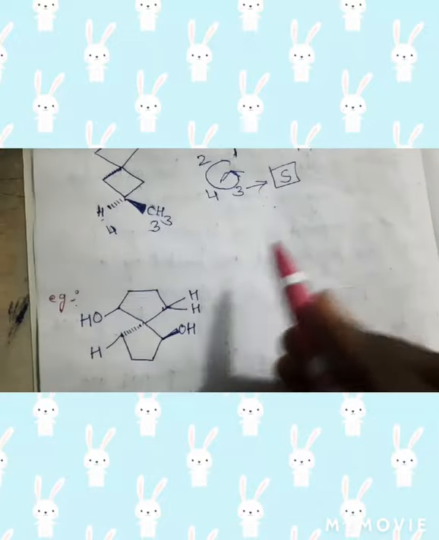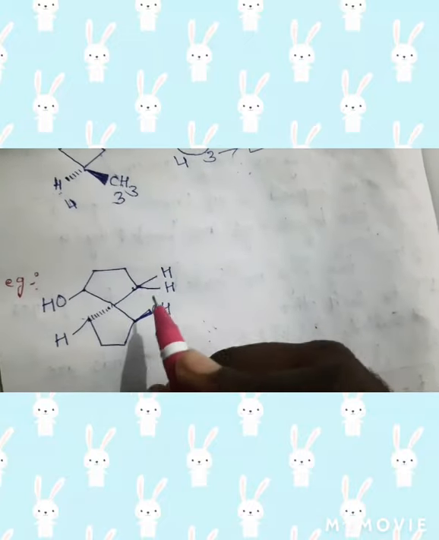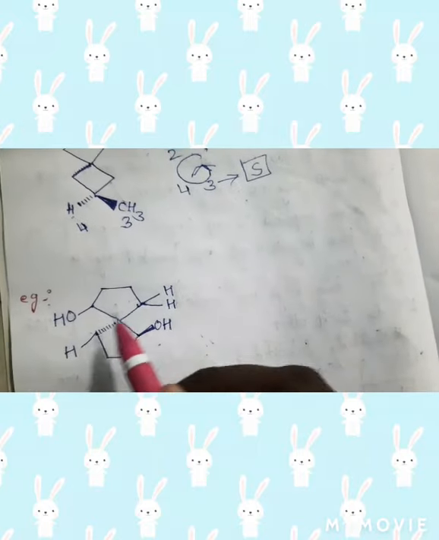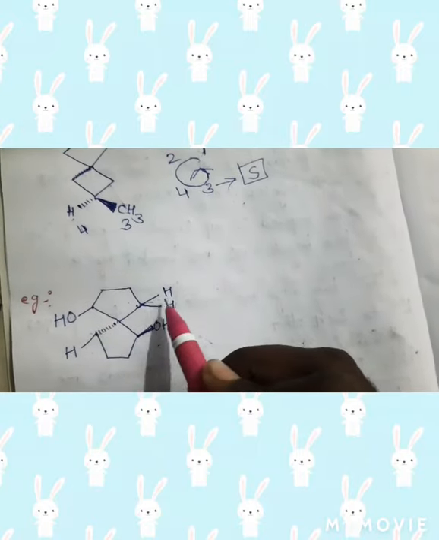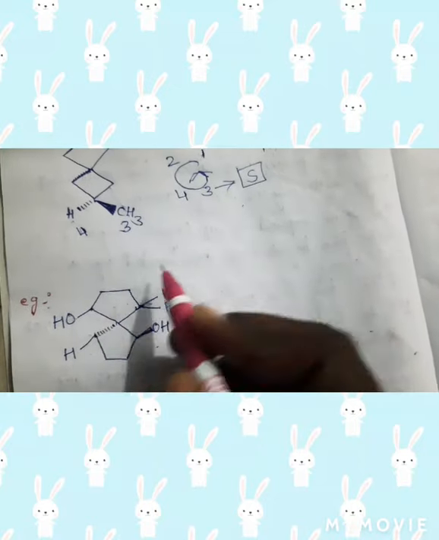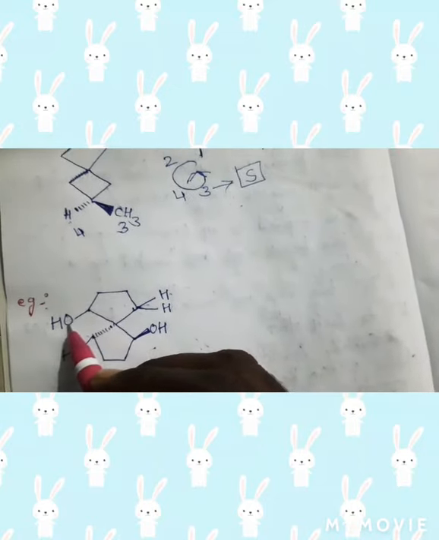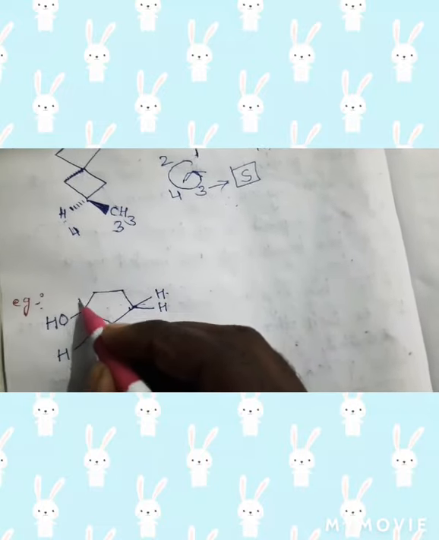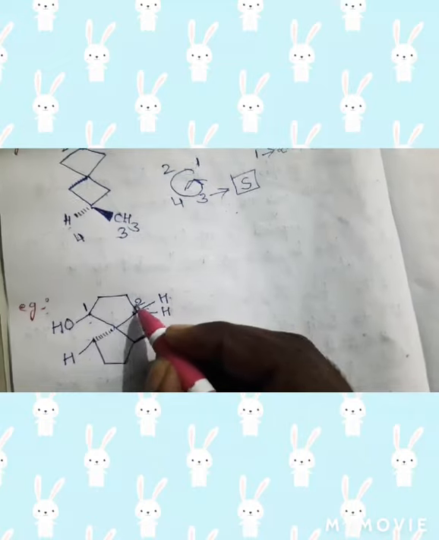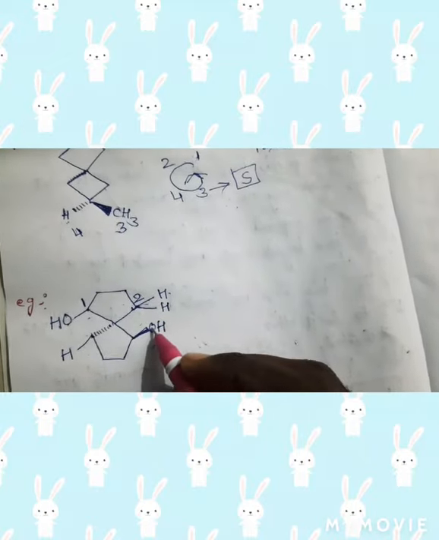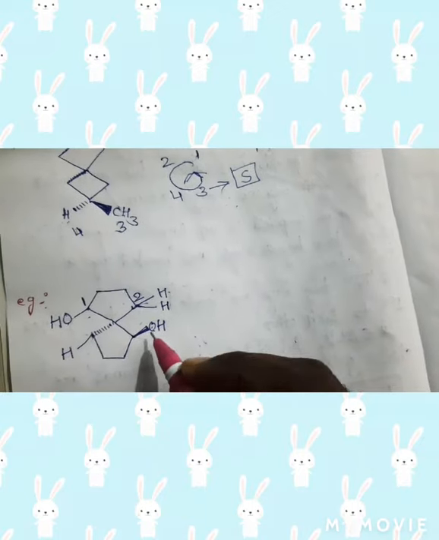Let us take this one. Here also we give numbering to the groups which are in the plane. Among these two, oxygen has the highest atomic number, so oxygen gets 1. Next 2. Next let us consider this: oxygen has the higher atomic number compared to this, so 3.